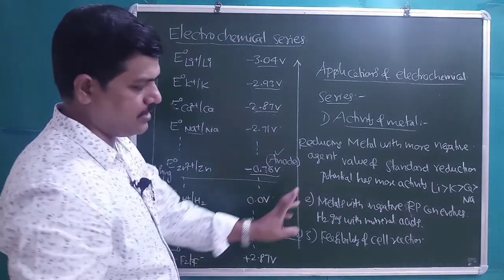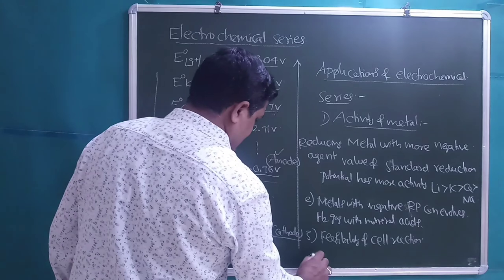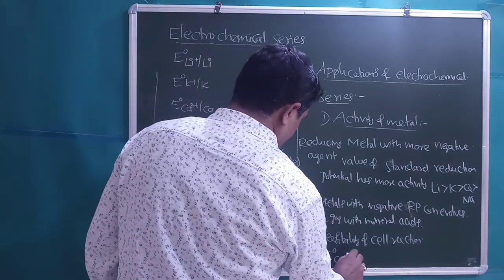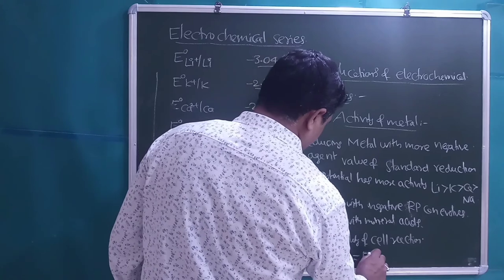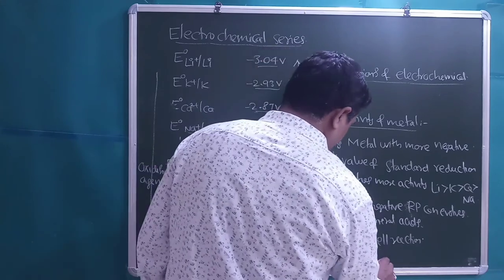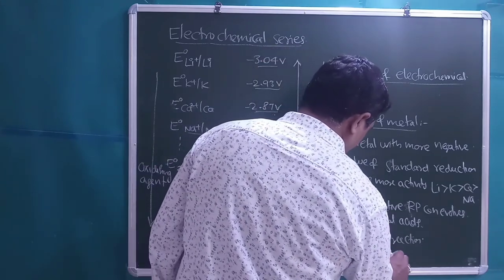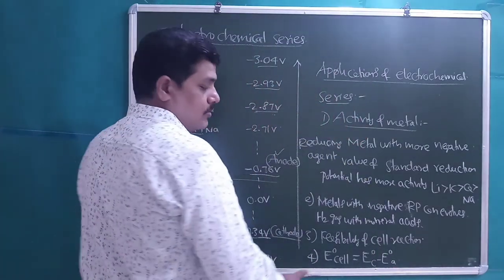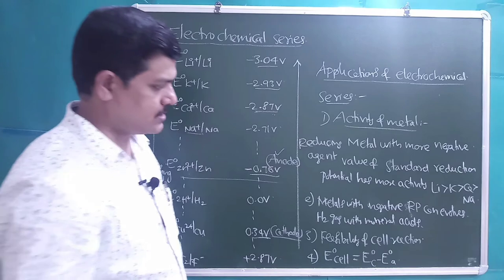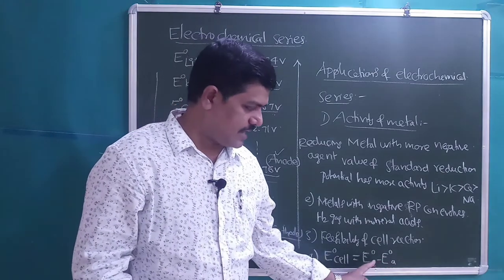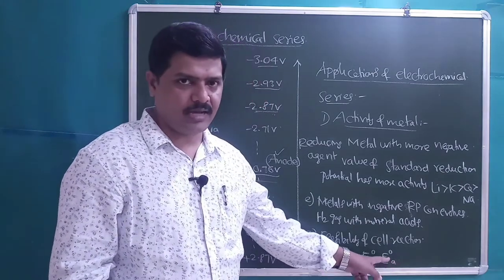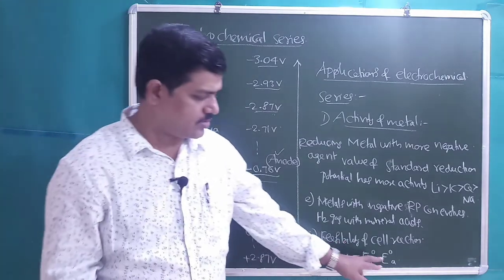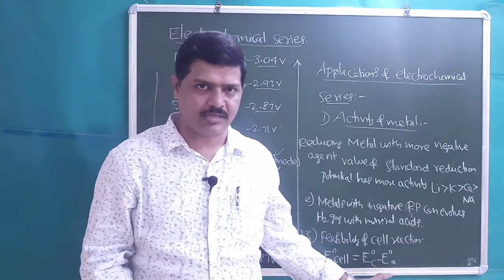So feasibility of a cell reaction we can calculate, and the E0 cell, the EMF of the cell, we can also calculate from E naught cathode minus E naught anode. This formula we can use provided the electrode potentials of cathode and anode are both given as standard reduction potentials.